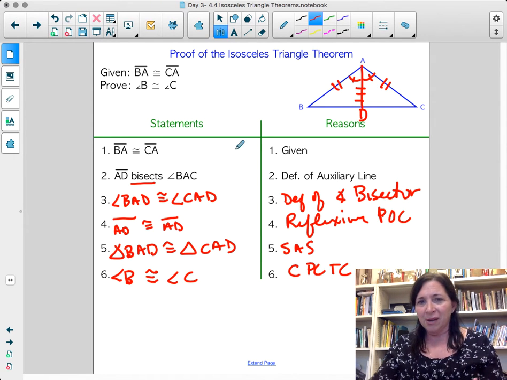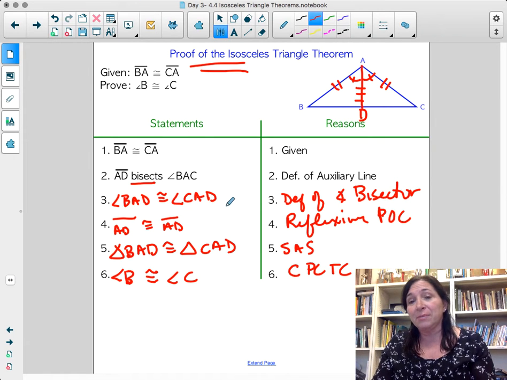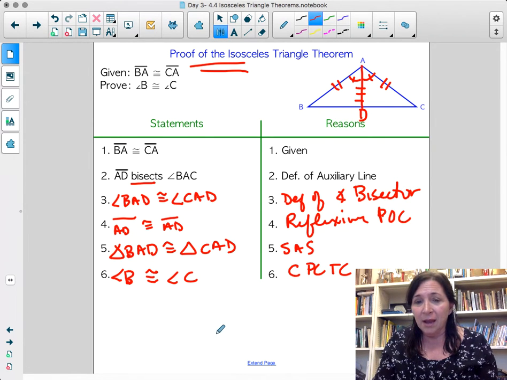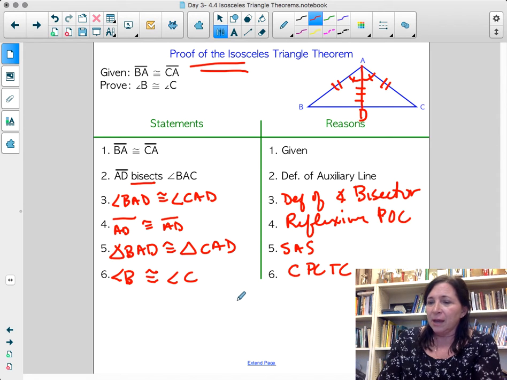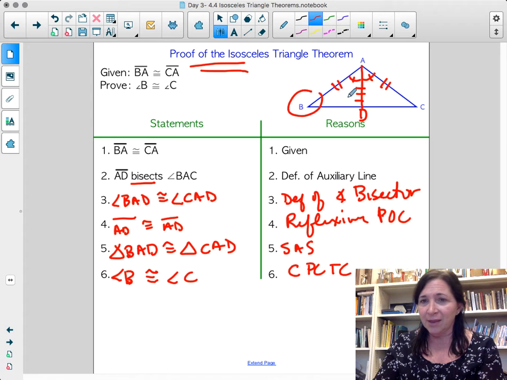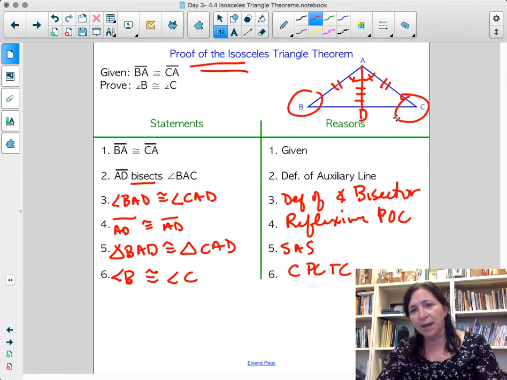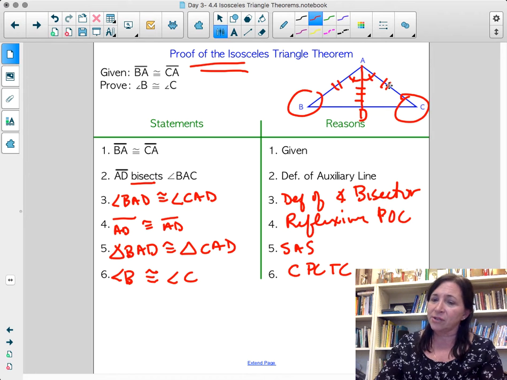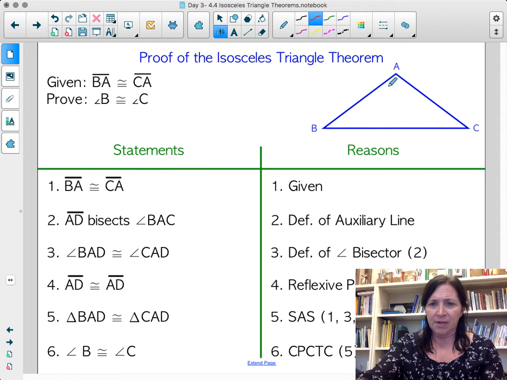Now, keep in mind, we are proving the isosceles triangle theorem, which basically means from now on, if I want to use the isosceles triangle theorem in a proof, I can say that if I have two sides congruent, then the angles are congruent. Or the converse, which says if my two angles are congruent, then my sides are congruent.